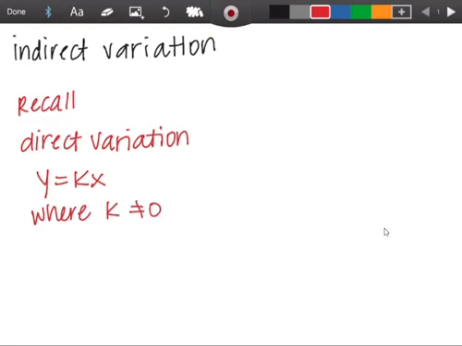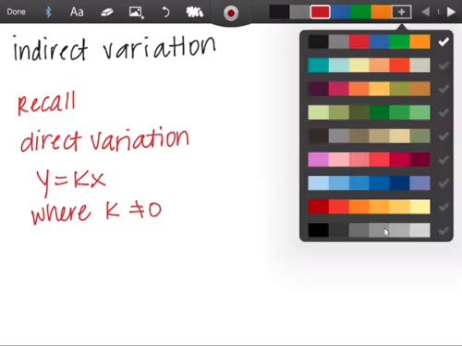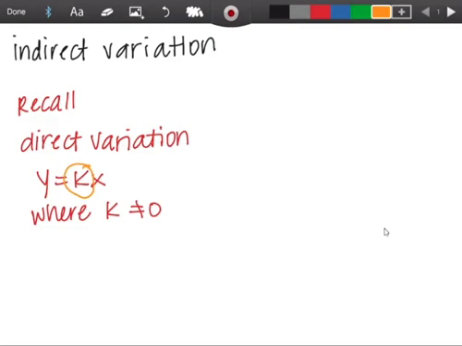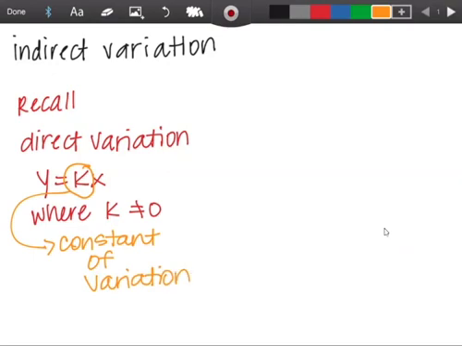And the coefficient k is going to be considered the constant of variation. So let's recall that direct variation is y equals kx, k does not equal 0, and the coefficient k is the constant of variation.